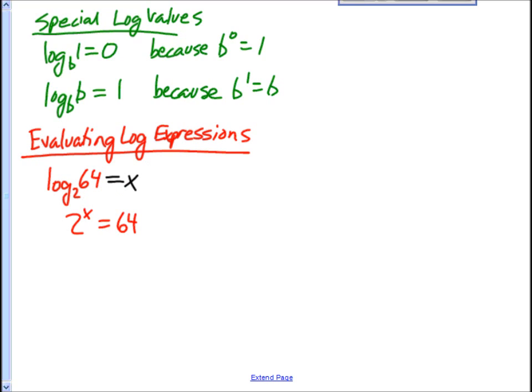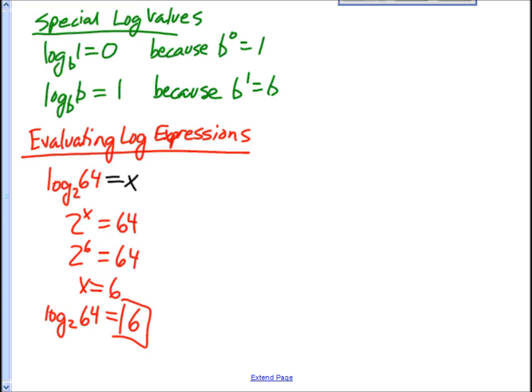And so you got to think to yourself, well, 2 to what power gives you 64? Well, 2 times 2 is 4, times 2, 8, times 2, 16, times 2, 32, times another 2 would give you 64. So that's got to be 2 to the 6th, right? Doesn't 2 to the 6th give you 64? So in other words, x equals 6, i.e. log base 2 of 64 must be 6. Okay, because 2 to the 6th equals 64.